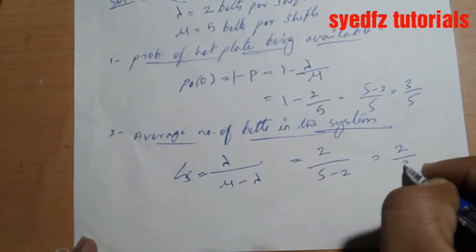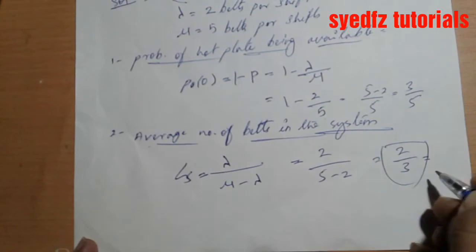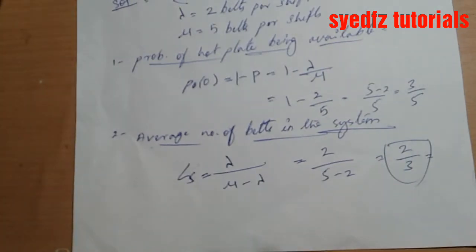So 2 divided by 3 is the answer. You can divide it out, otherwise keep it like this.